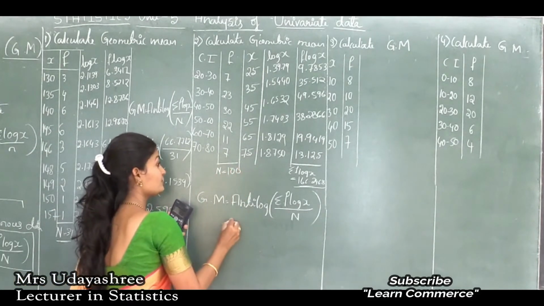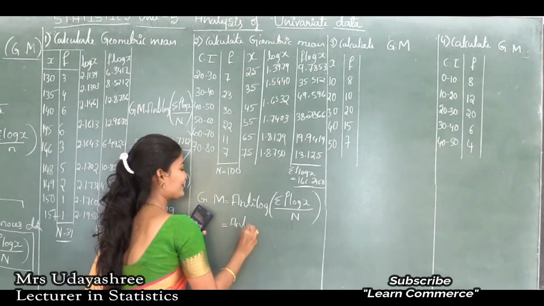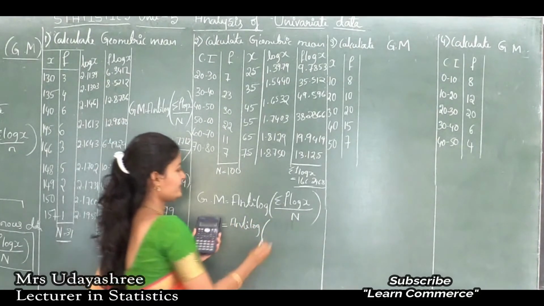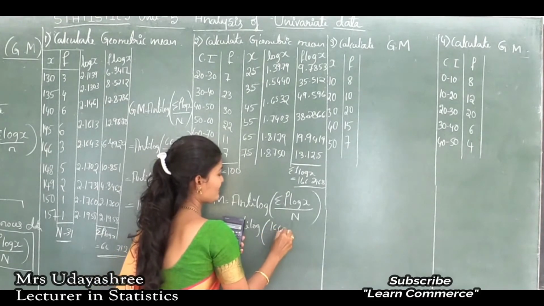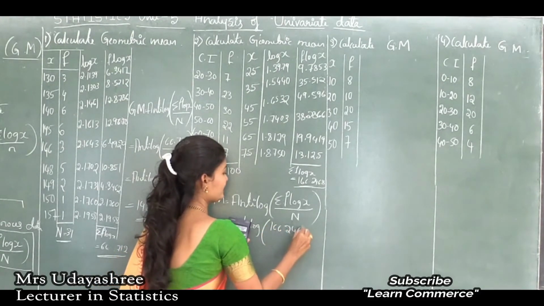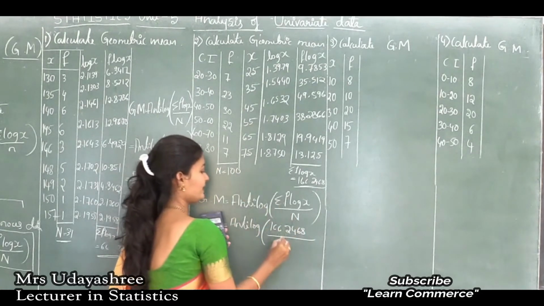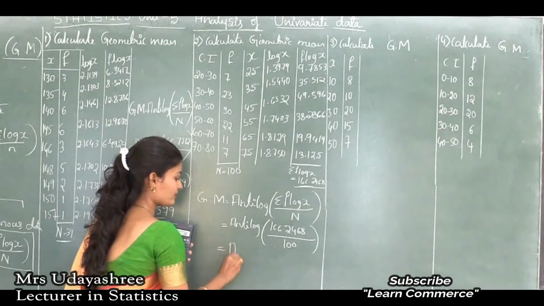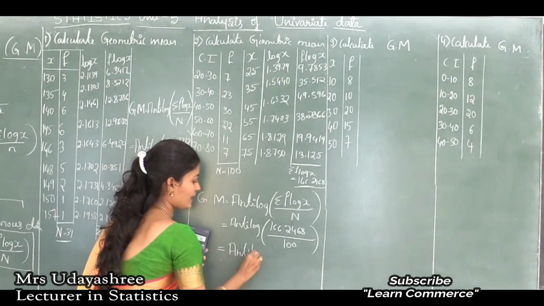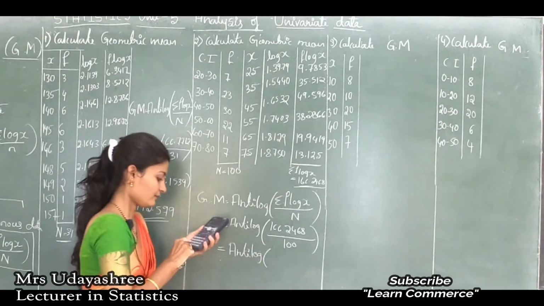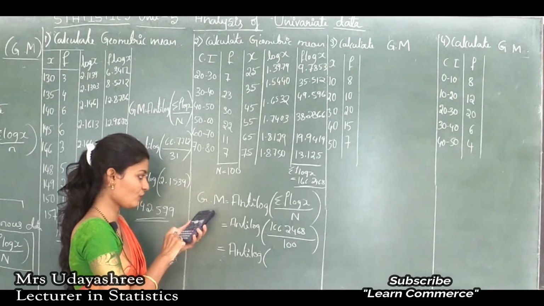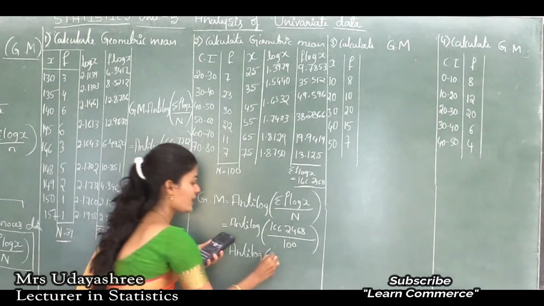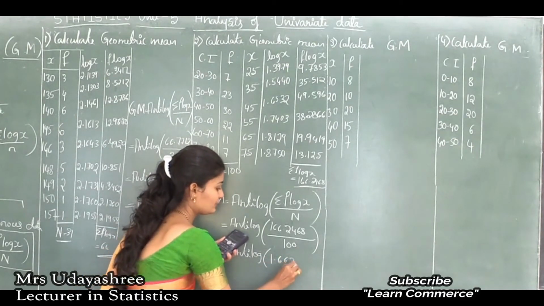So this is equal to anti-log of summation f into log x, that is 166.2468, divided by capital letter N, that is 100. So this is equal to anti-log of 166.2468 divided by 100, that is 1.6624.